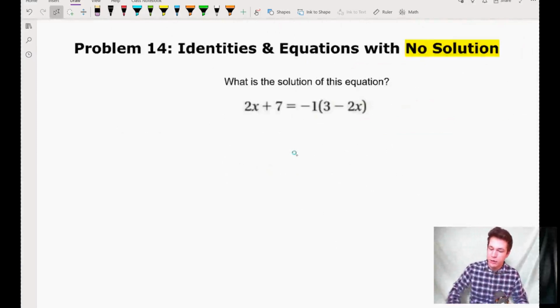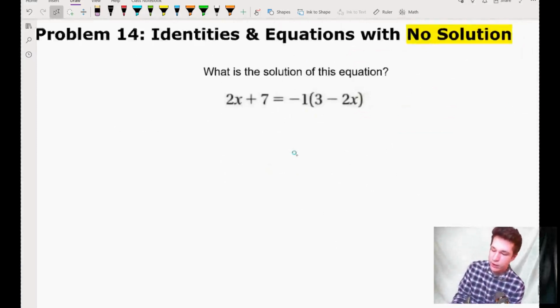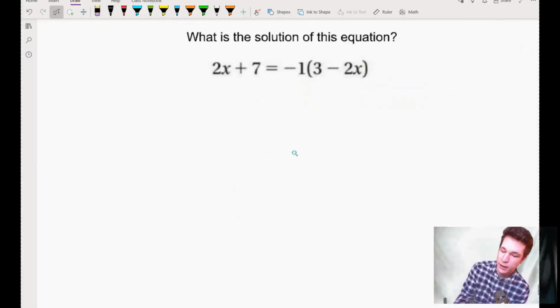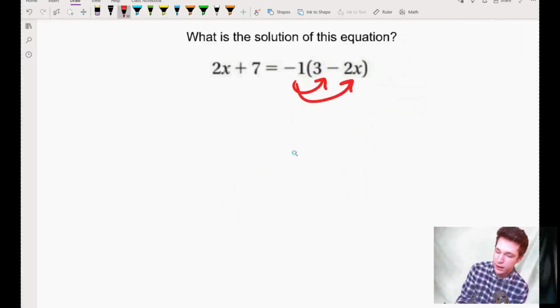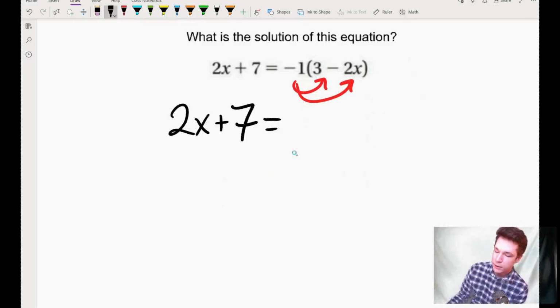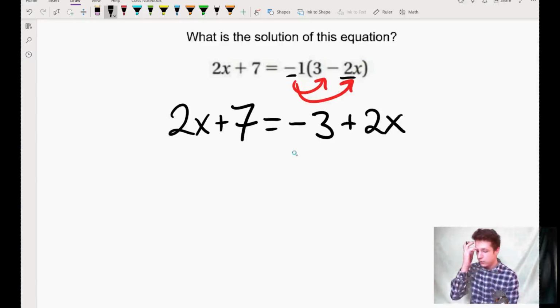This next problem. Let's try to do this one. I chose this one because now, not only do we need to do step 1, but we need to consider that my coefficient here is a -1 on the right side. Let's leave the left the same. -1 times 3 is -3. -1 times -2x, negative times a negative, is a positive 2x. Now that we're here, we can start simplifying some more.